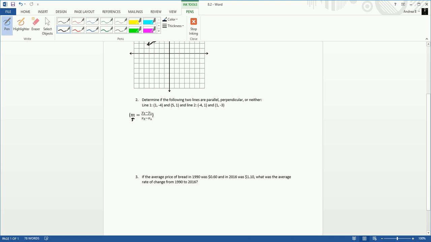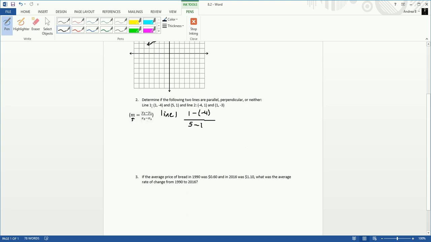So here, if we're dealing with our line 1, for our equation here, we're going to have 1, which is our y2 value, minus our y1 value, which was -4, over our x2 value there, which is 5, minus our x1 value of 1.